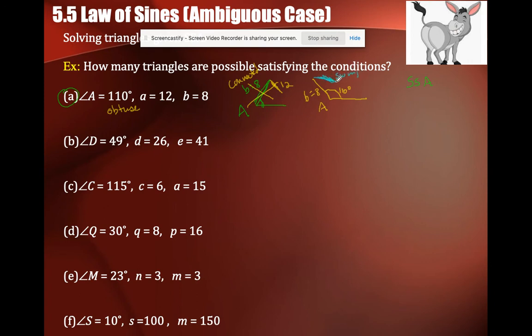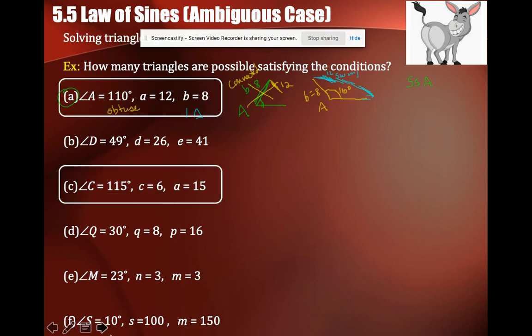And I'm told that that length is 12. Since that length is longer than the connected side, I'm going to be able to have one triangle. Didn't ask me to find it, just said how many. So my choices are 0 triangles, 1 triangle, 2 triangles, right? So that's how these questions are answered. And we'll do some more of those in our live session.